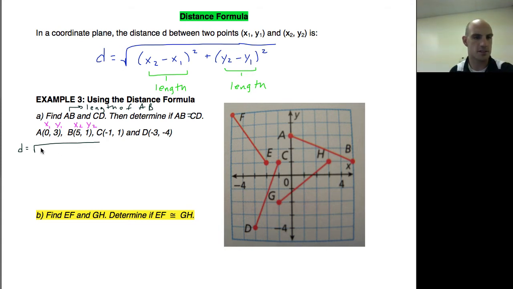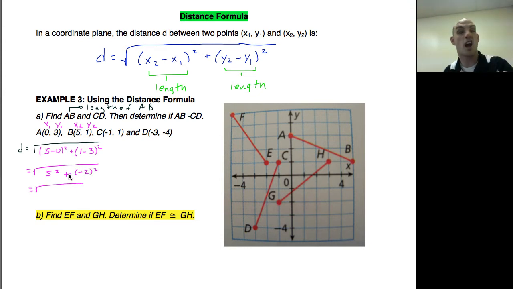Let's look at this distance a little bit more closely. x2 minus x1 would be 5 minus 0 squared plus y2, which is 1, minus y1, which is 3, squared. And I'm going to drop down here to the next line. And so this is 5 squared plus negative 2 squared.